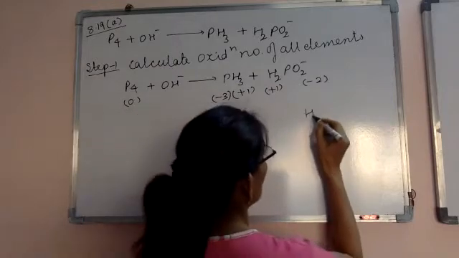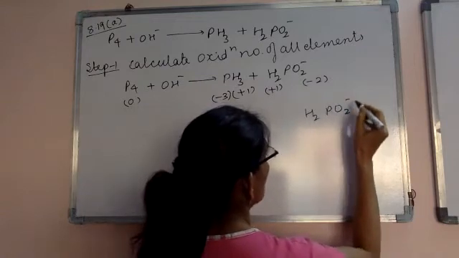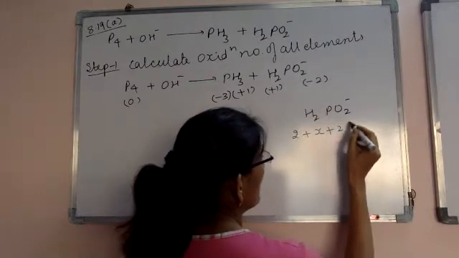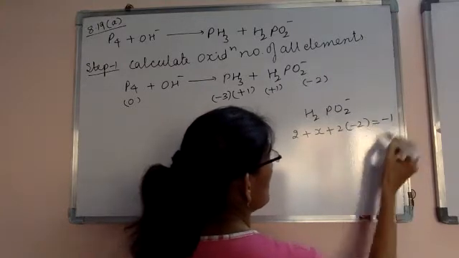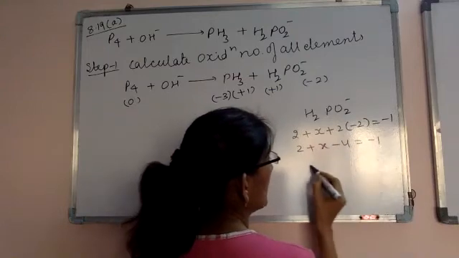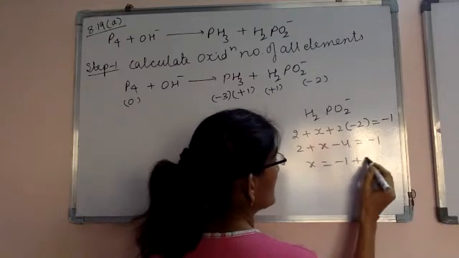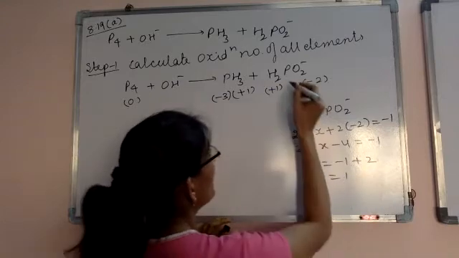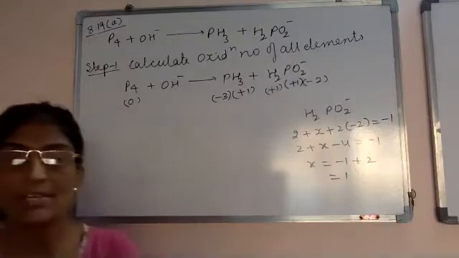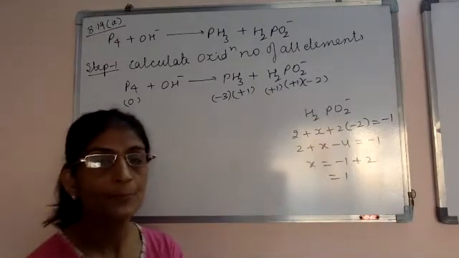So 2 plus phosphorus X, oxygen -2, that is equal to -1. So 2 plus X minus 4 equal -1. X equal -1 plus 2. So it will be +1. So oxidation state of phosphorus in H2PO2 minus is +1.